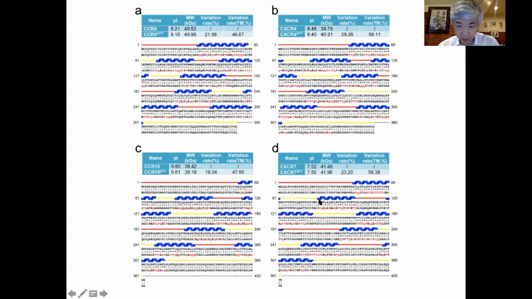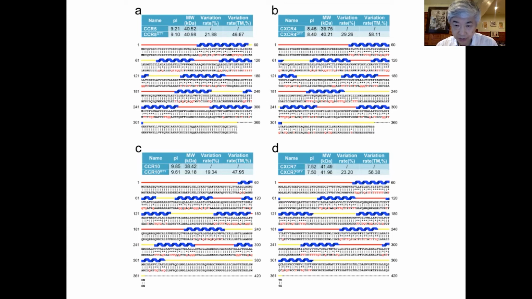If you look at this one, called C6R7, the PI is 7.52 for the native protein, and after the change, PI 7.50. The PI change is 0.02, negligible. That means the protein structure will not change, and the function will likely not change.